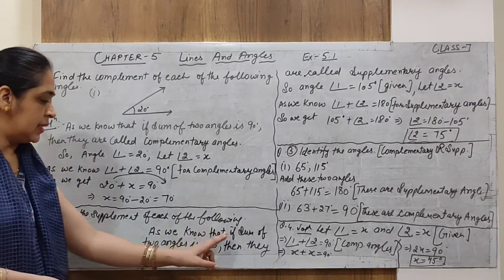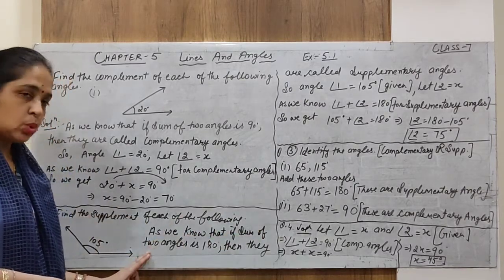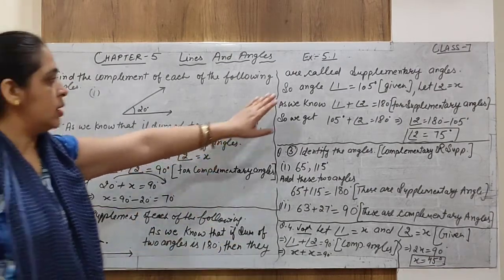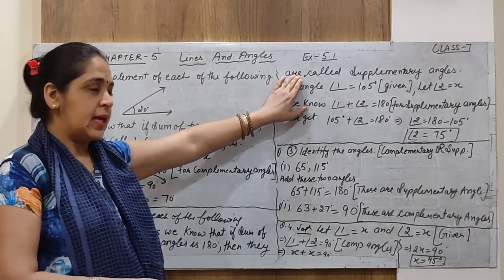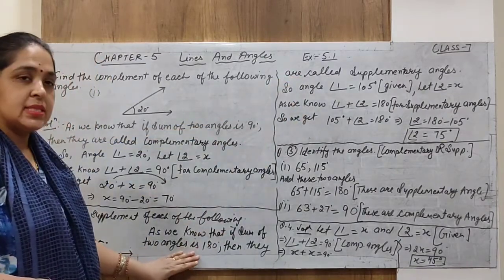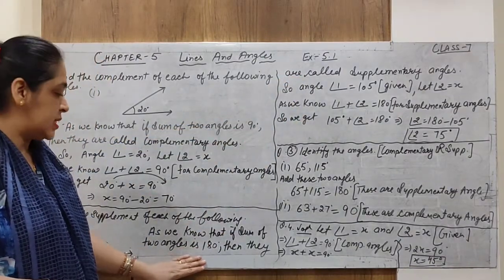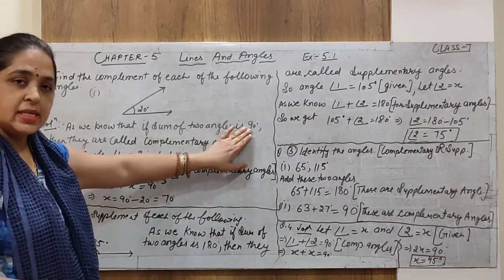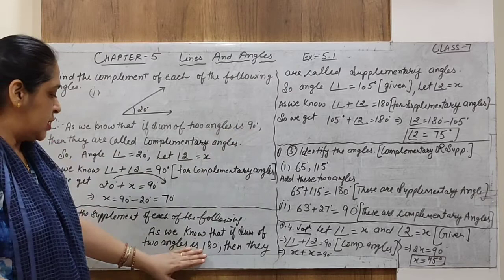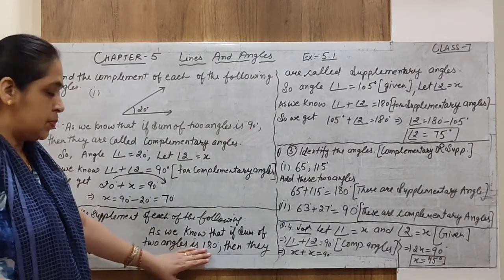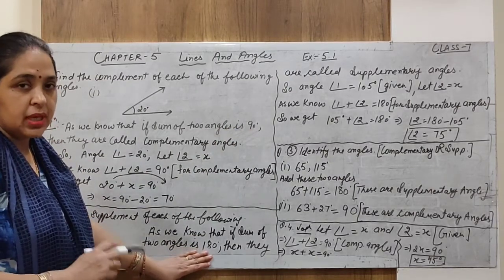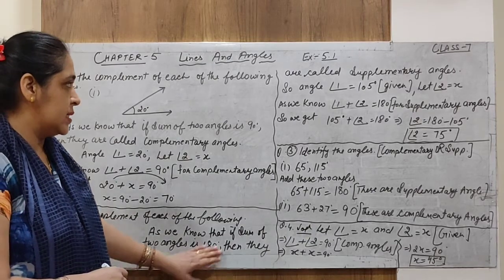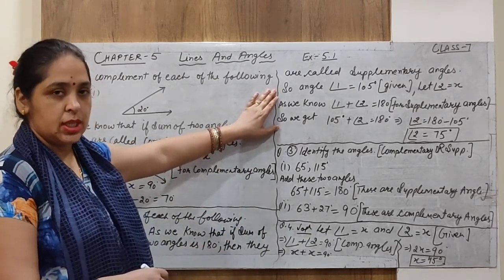As we know, if the sum of two angles is 180 degrees, then they are called supplementary angles. When the addition of two angles is equal to 180. Here the addition of two angles is 90 for complementary. For supplementary, the two angles are supplementary if their addition is equal to 180 degrees. So we are using this condition here.